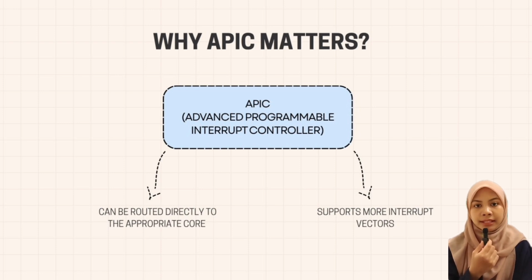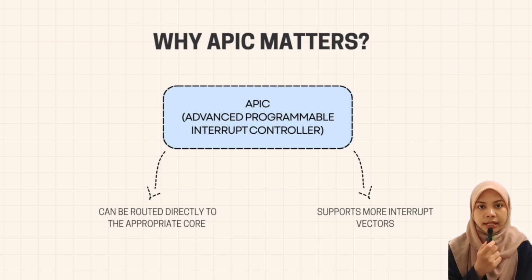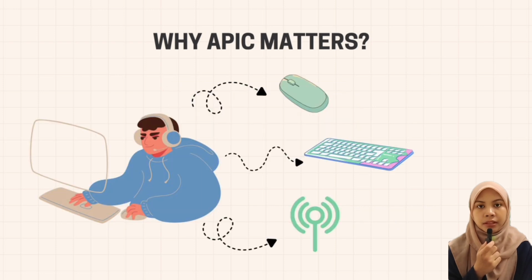This parallel handling is a game changer for system responsiveness, and APIC also supports more interrupt vectors, giving the operating system greater flexibility and precision with programmable priority levels. Urgent tasks are handled immediately while less critical ones wait.